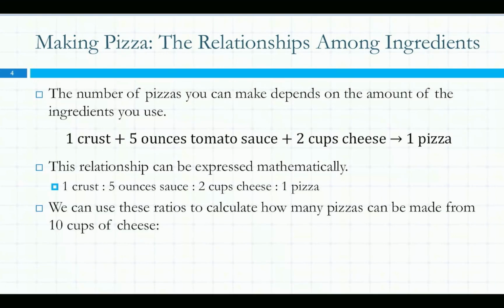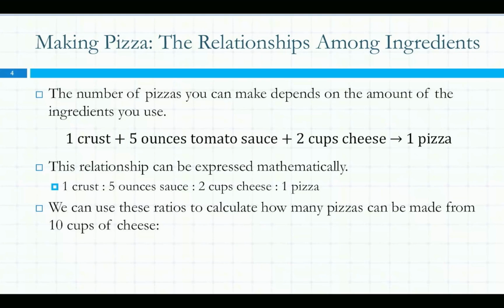And we can express the relationships between things with the ratios, these coefficients. So you can say, if I have 1 crust, then I'm going to need 5 ounces of tomato sauce, or 2 cups of cheese, or 1 pizza. And those are all interchangeable, and we can use any set of 2 that we need for whatever we're trying to calculate.